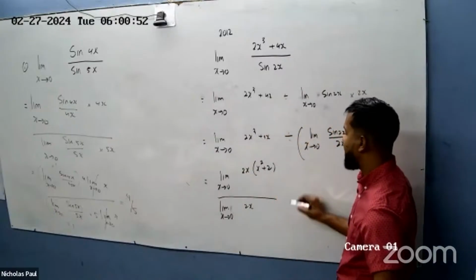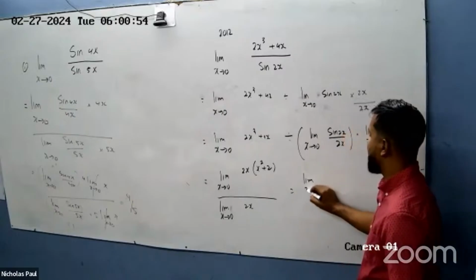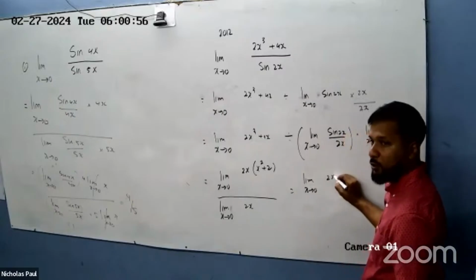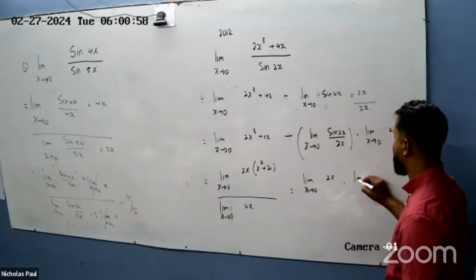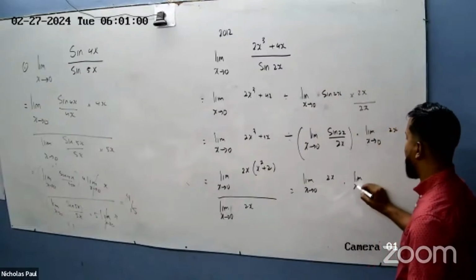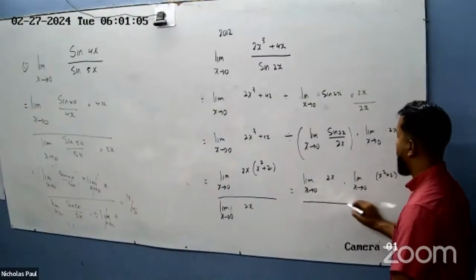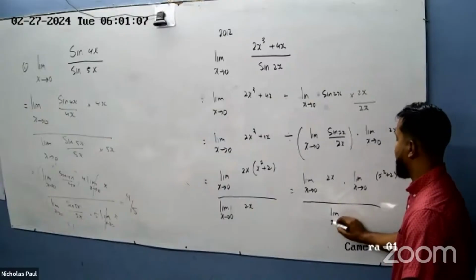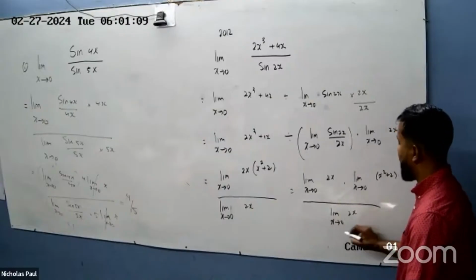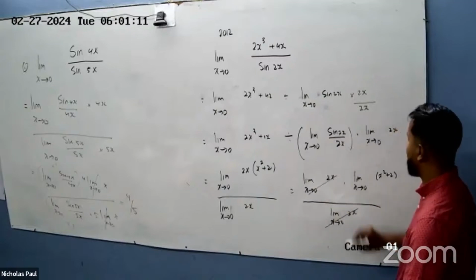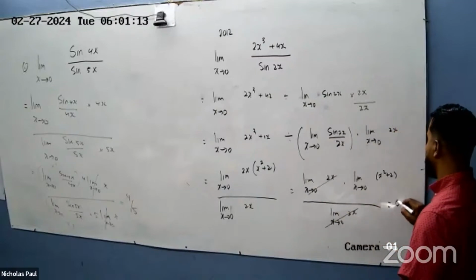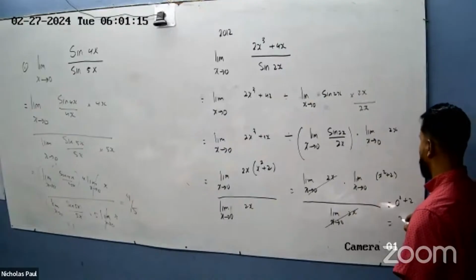What will happen here now? This will be the limit as x approaches 0 of 2x multiplied by the limit as x approaches 0 of x squared plus 2, all over the limit as x approaches 0 of 2x. This will cancel, and then I can plug in 0. So I'll get 0 squared plus 2.